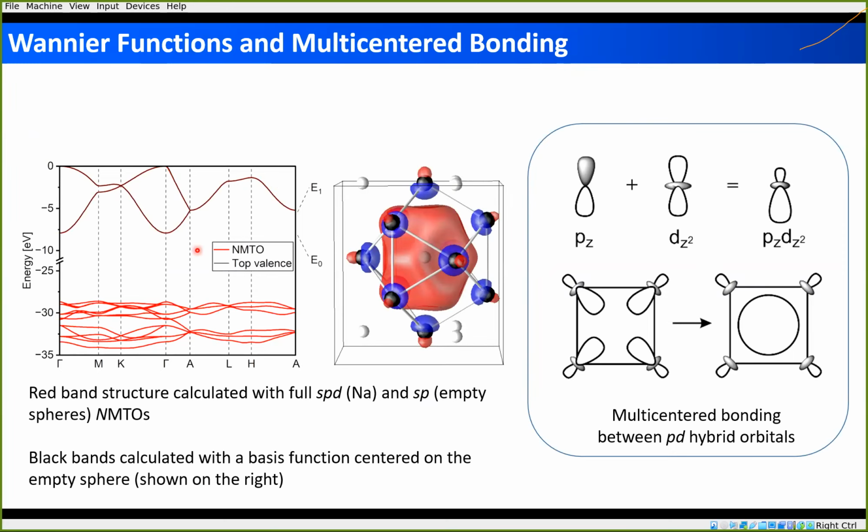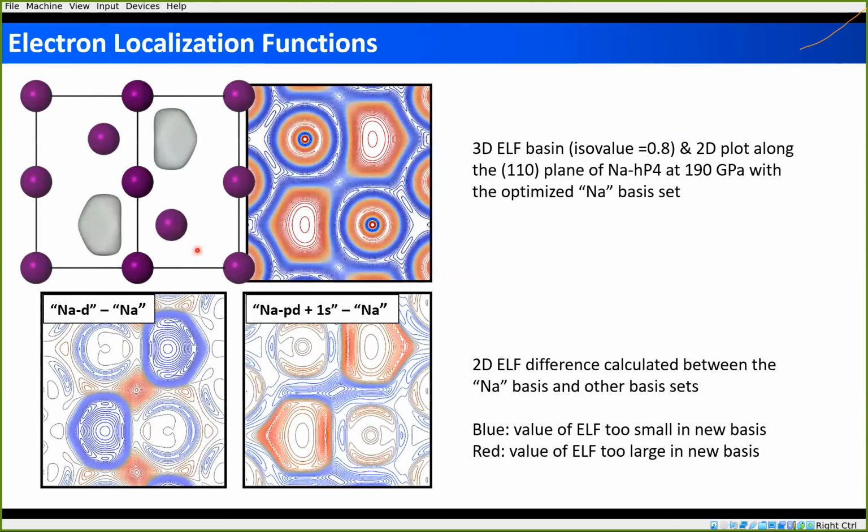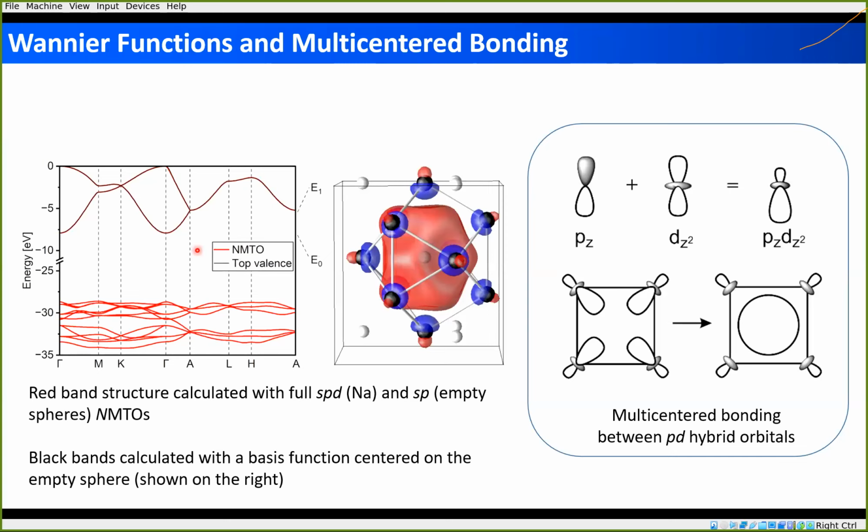So we think that this idea that you definitely have this sp, this pd hybridization is really key for the formation of the electride state in these systems. And to study this a little bit further, we wanted to generate Wannier functions for these valence occupied states.